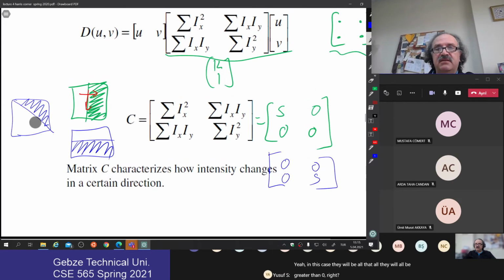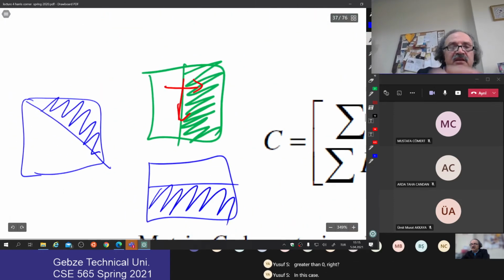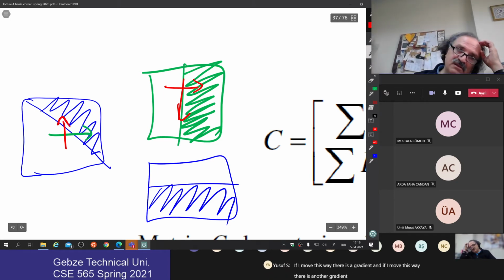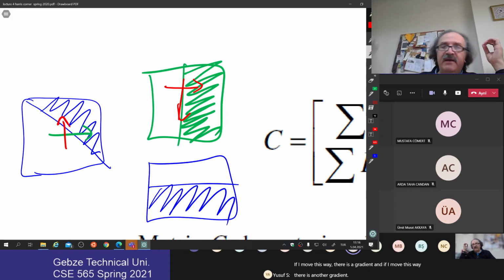In this case, because if I move this way, let me use a different color. If I move this way, there is a gradient, and if I move this way, there is another gradient. So both of them will be high.